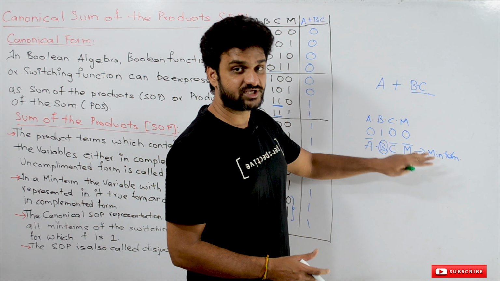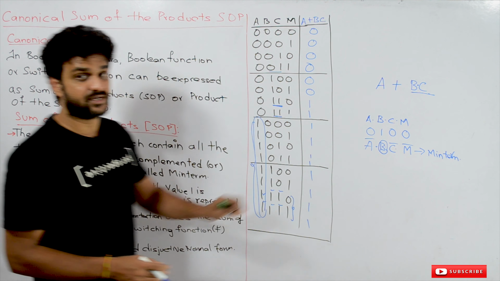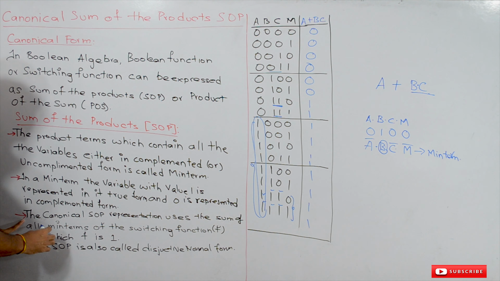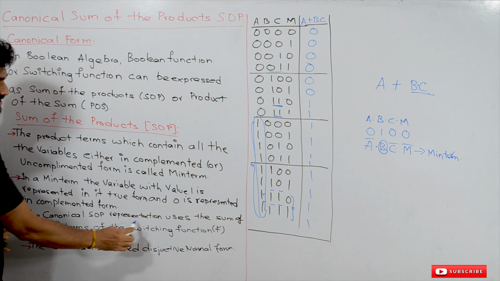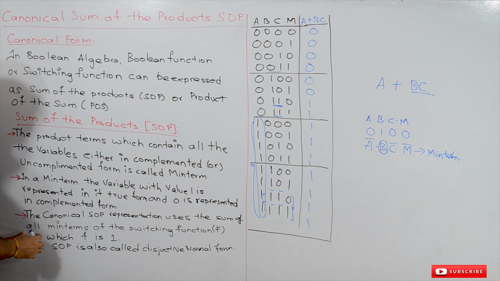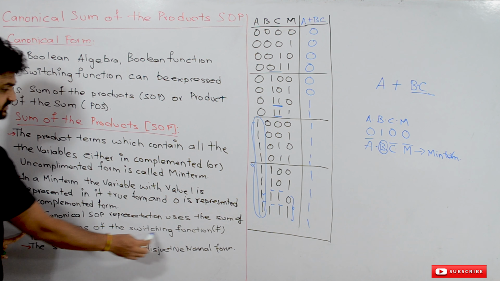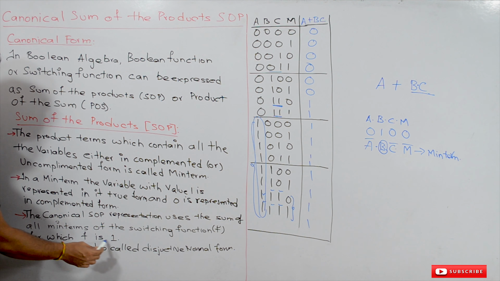Are you able to understand? So this is what we call a min term. Okay, so the canonical SOP representation uses the sum of all the min terms of the switching function f for which f is 1.